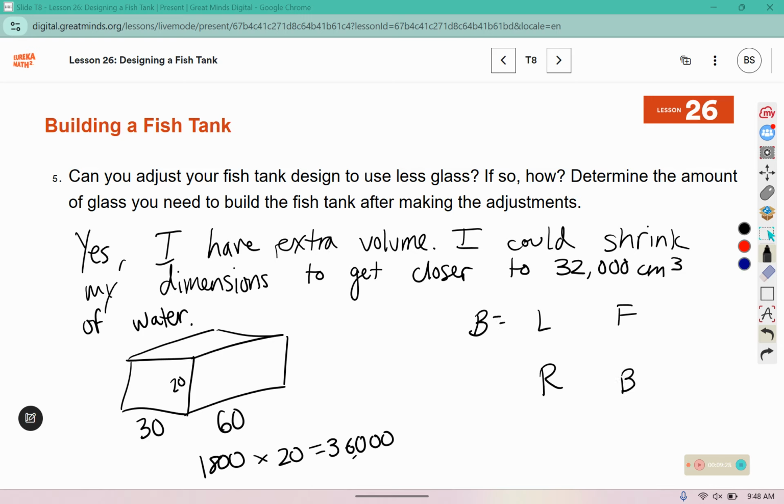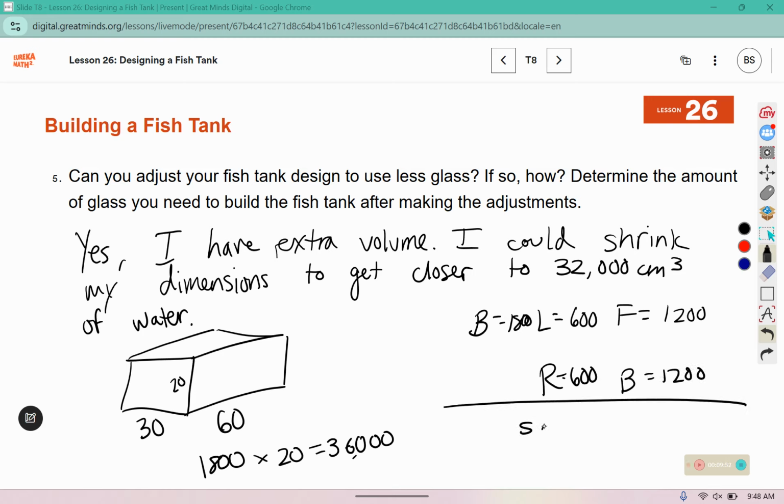The bottom is 30 by 60, which is 1,800. The left is 30 by 20, which is 600. The right is 600. The front is 60 by 20, which is 1,200. And the back is also 1,200.